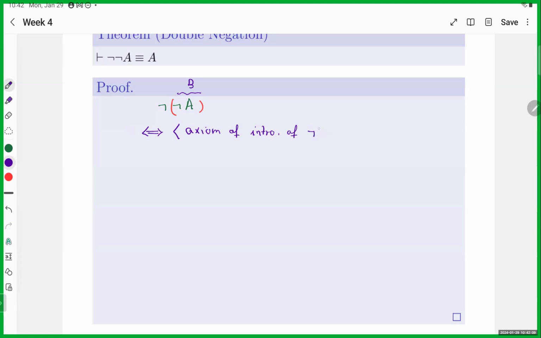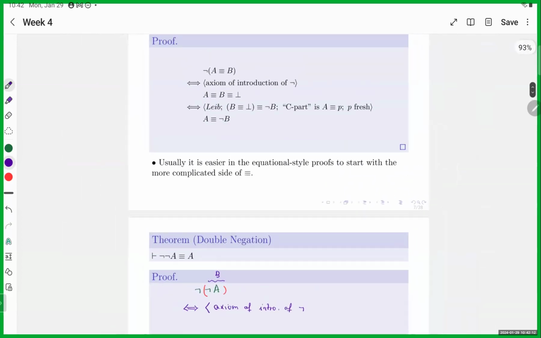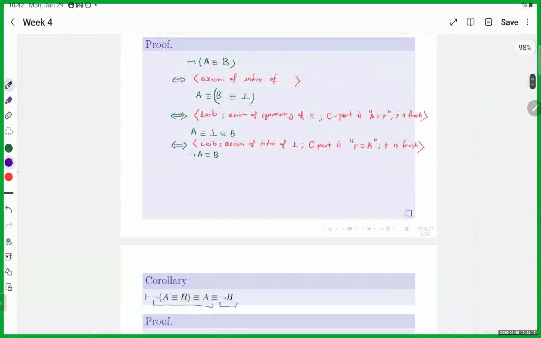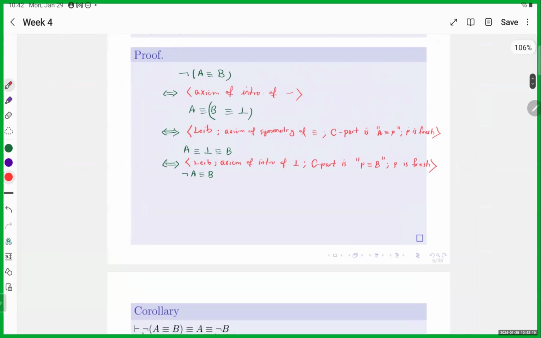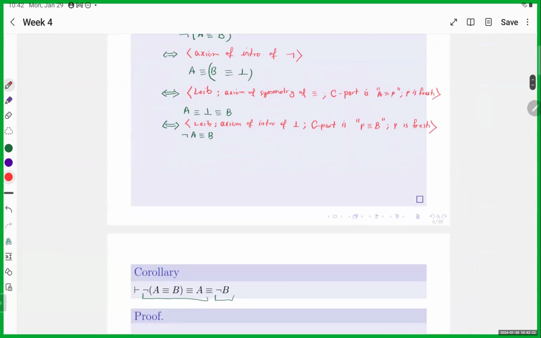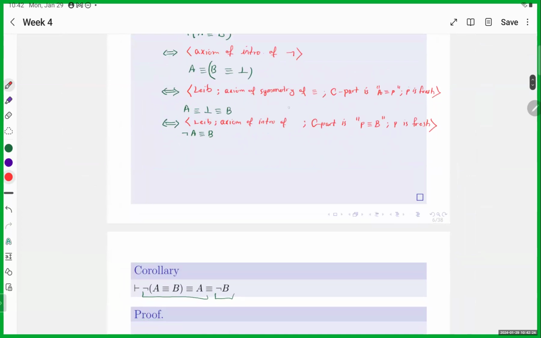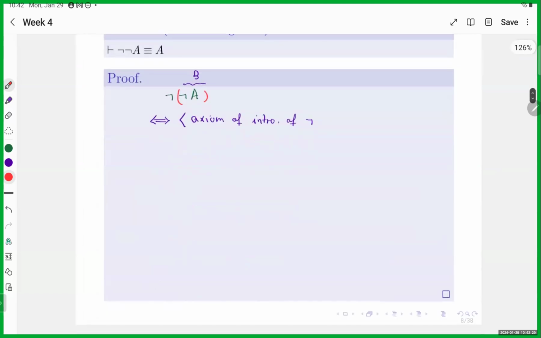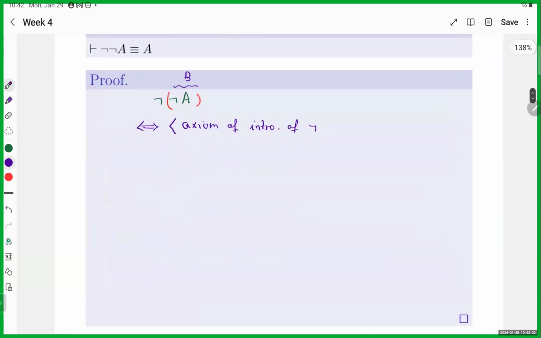Sorry, did I say introduction of bottom before? It's introduction of negation. Sorry about this. The names of the axioms will be given to you. And that's it. This is the formula B is equivalent to bottom.